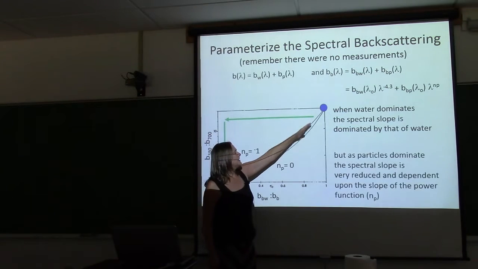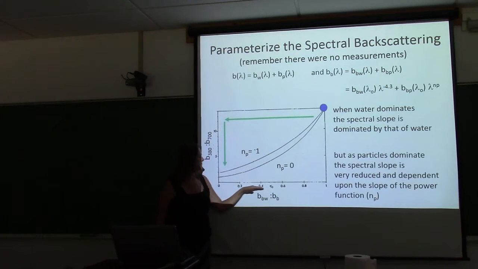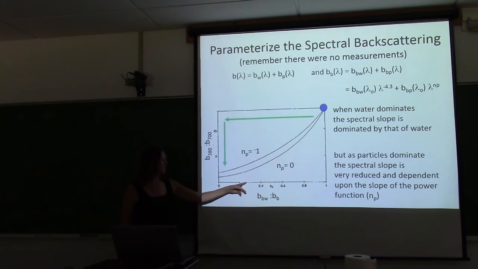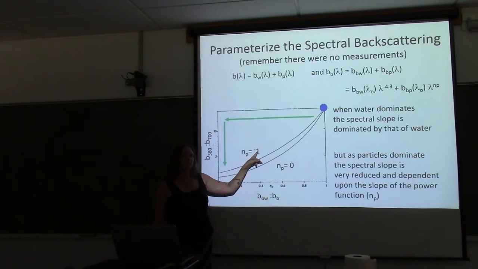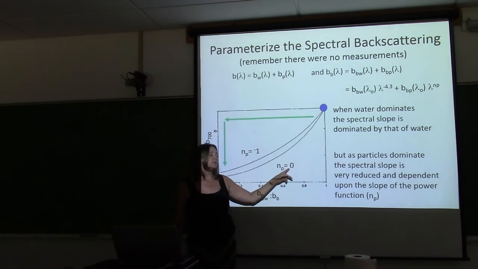Now, as you increase the fraction of total backscattering that is due to particles, heading in this direction, that slope is going to go down, because the slope of particle scattering is flatter. How flat? Well, we're not sure, because they couldn't measure it. But they suspected it either had a slope to the minus 1, sort of slope like this, or in the case of really large particles, it might be flat.